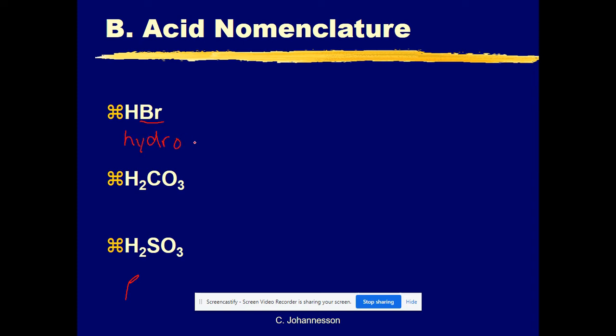I'm going right off of those rules on the previous slide. You take the root word, brom, and then it's bromic. So hydro in the front, ic on the end. All right? Hydrobromic acid.